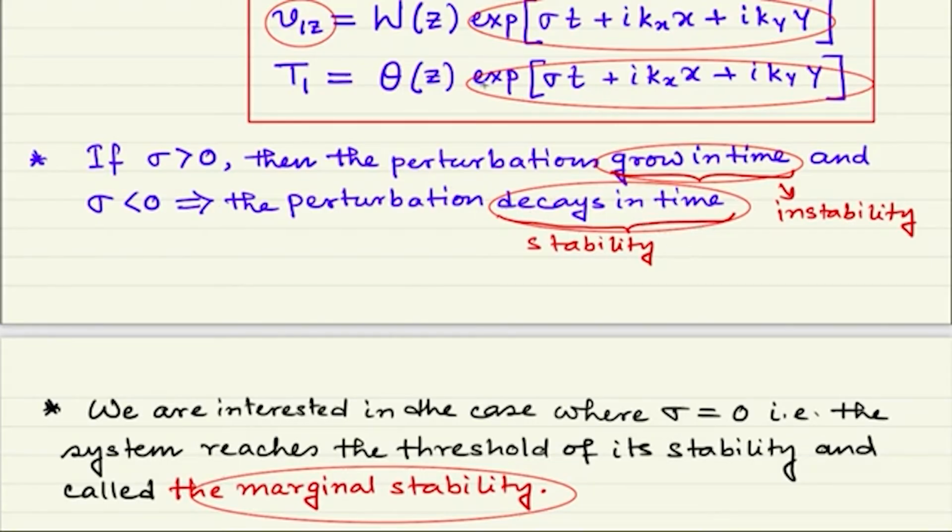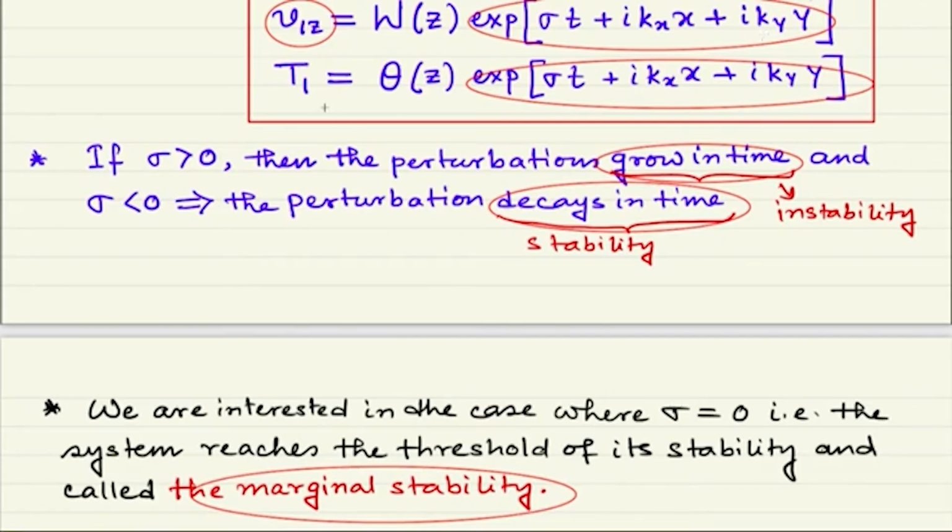But if the perturbation grows in time, then even if you have oscillatory solutions in space, these will actually grow, their amplitude will also grow in time, and that makes the system unstable.